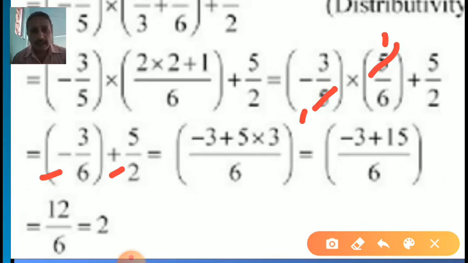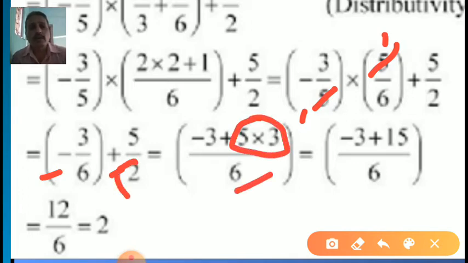How to make this say 2 into 6? Yes, you know very well. That means you have to multiply by 3. So 5 3s are 15. Now directly you can do these things, and 6 is the common one because I want to make 6 here. So multiply with 3 and here also 3.